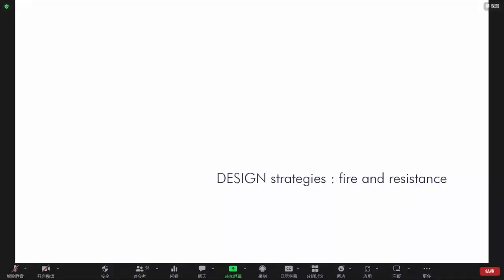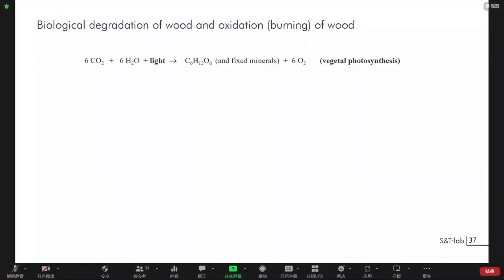So what about the design strategy that will be connected to fire and resistance to fire? If you look at the chemical composition of timber, you take CO2, so carbon, the global warming material, and associate it with water, putting in some energy in the form of light to produce a kind of sugar, glucose, C6H12O6.